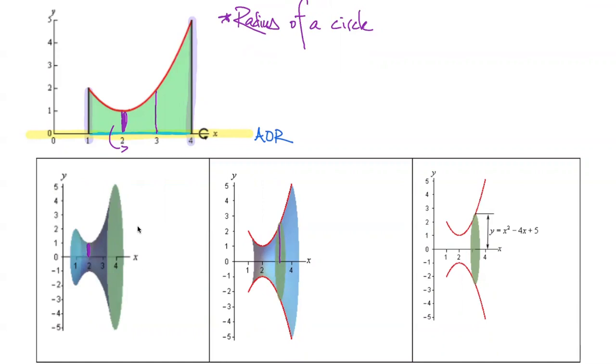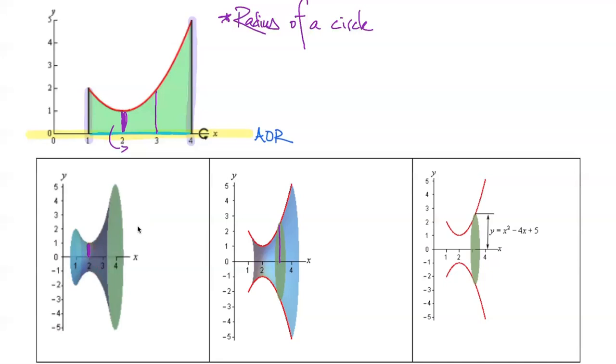All right. And so if we imagine all of these circles, we might be able to say that the smallest circle is right around x equals 2, right? Where's the biggest circle in this picture? At x equals 4. Good.